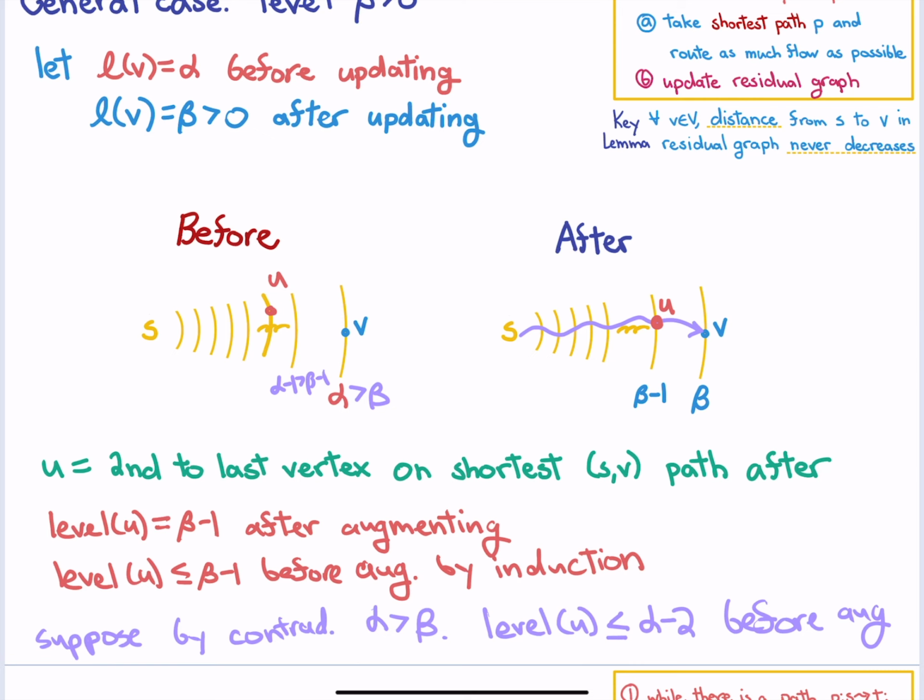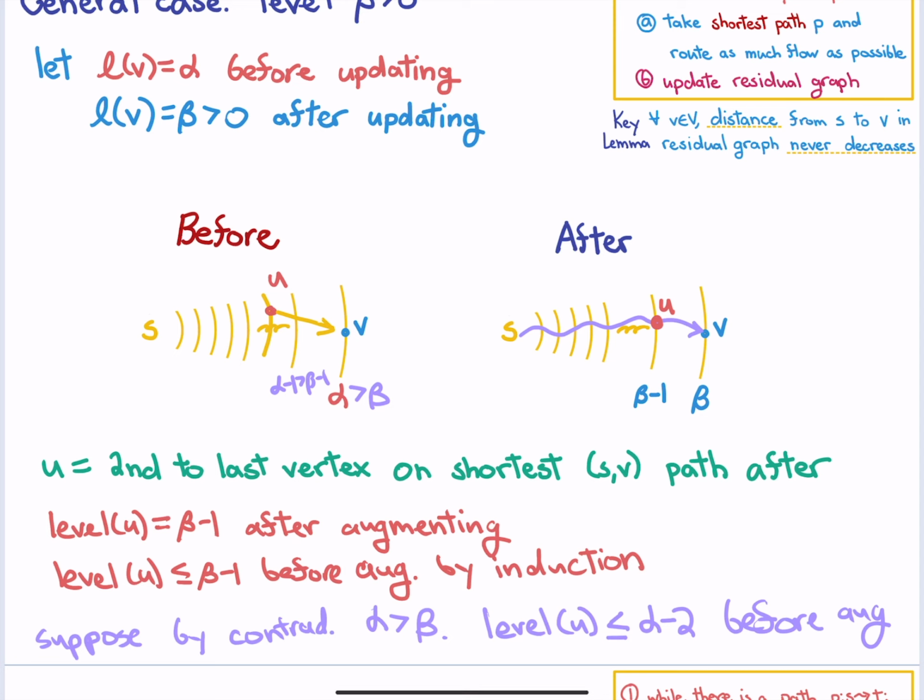That means this edge from U to V could not have existed in that residual graph, because you can't have edges that jump 2 layers in a breadth first search. An edge can only go forwards by 1 because that'll be part of the shortest path.